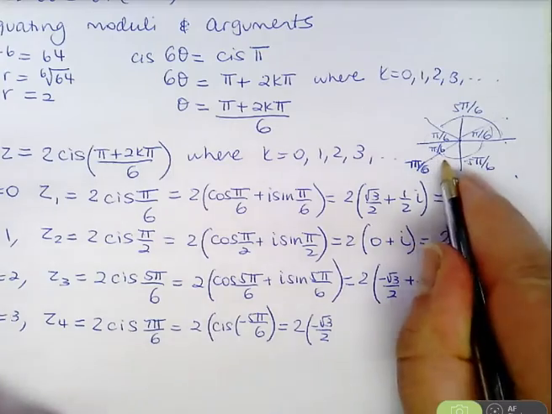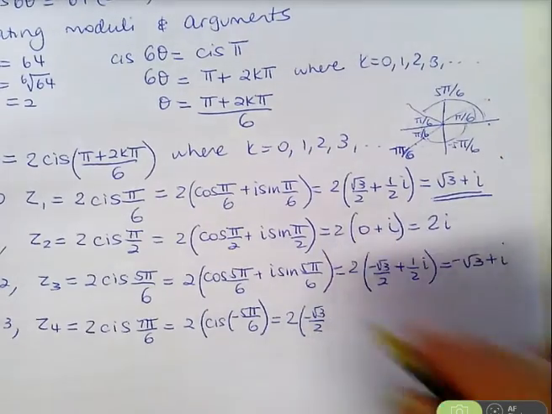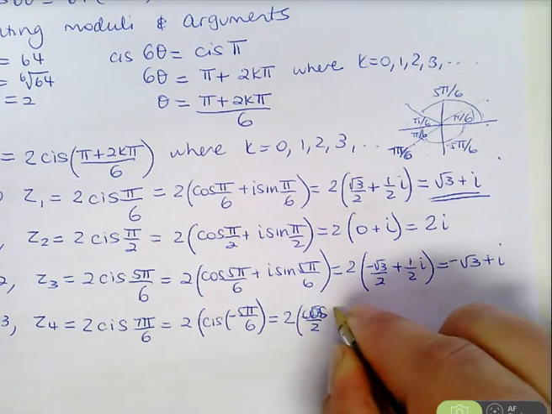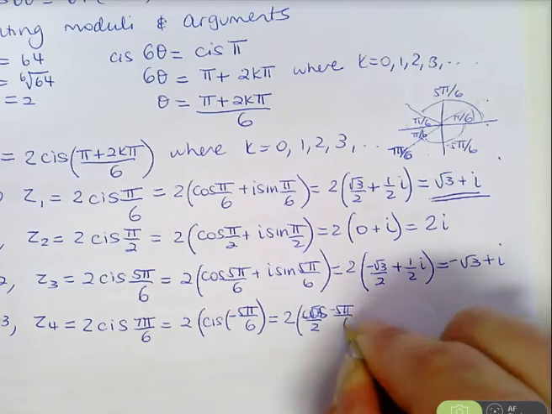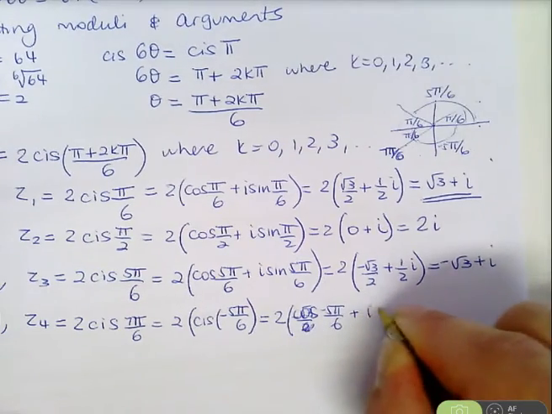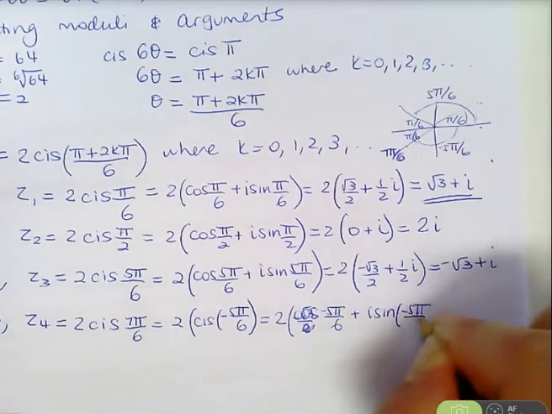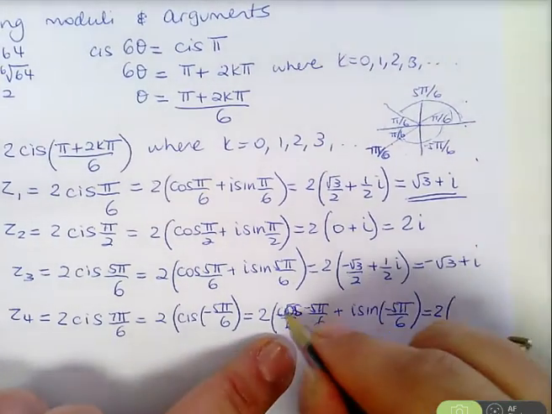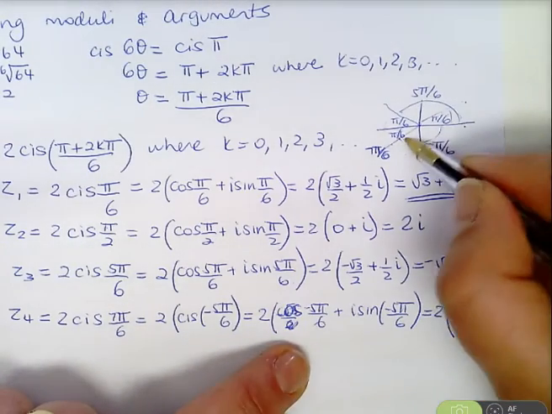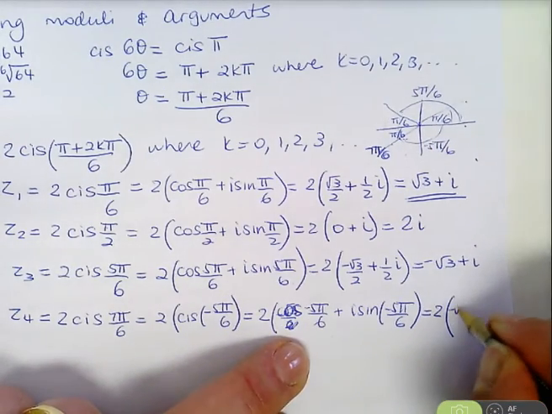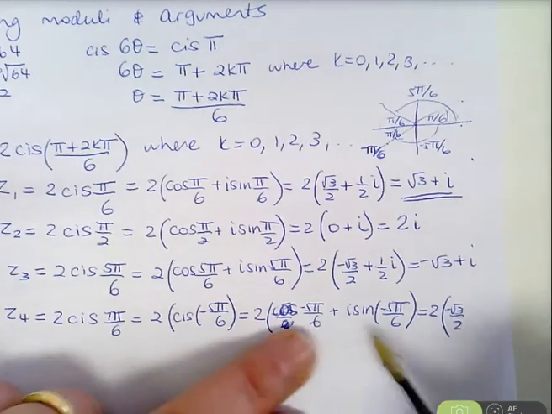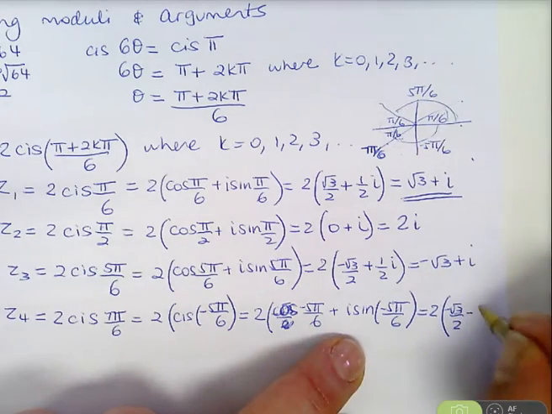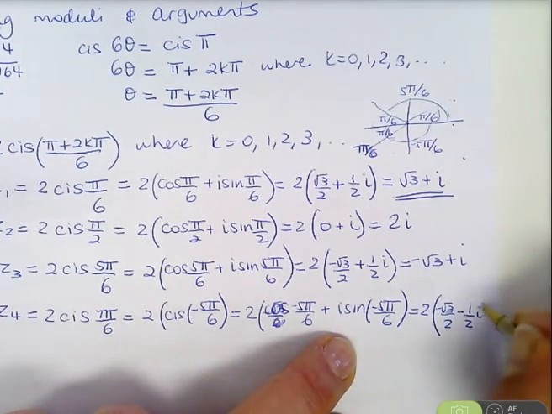Let me just expand this: 2 cos of minus 5 pi on 6 plus i sine of minus 5 pi on 6. Cos of minus 5 pi on 6 will be negative root 3 on 2, but sine of minus 5 pi on 6 is in quadrant 3, and that's negative as well, so minus a half i.